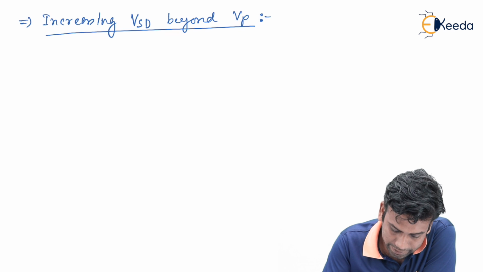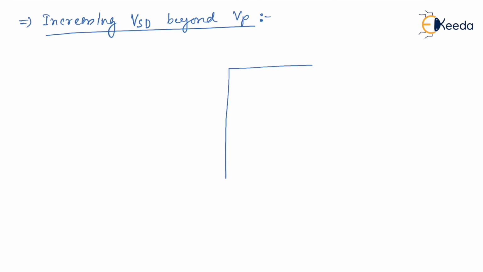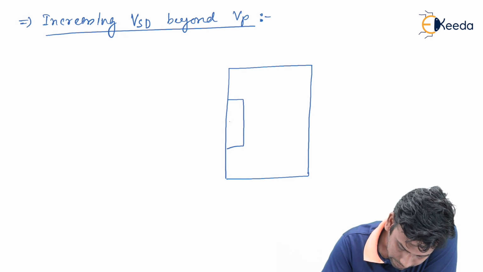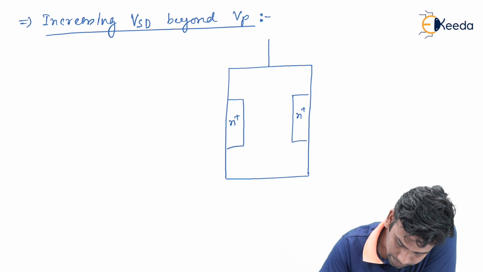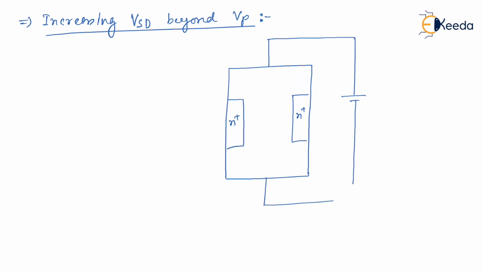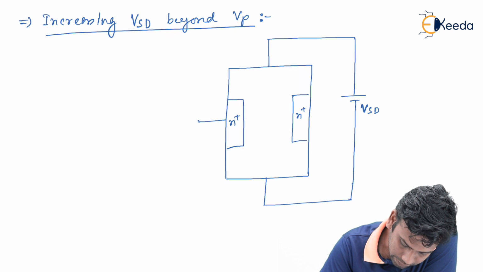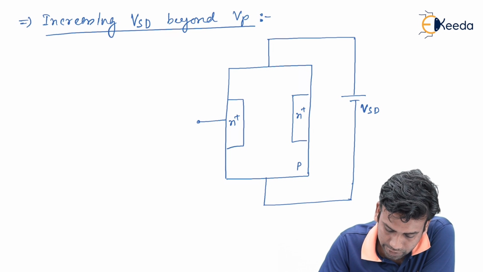We know that at the pinch off condition, the depletion layer, so this is the N plus region, this is the N plus region, this is the source terminal, this is the drain terminal, and we have applied a VSD here, and this is the gate terminal. We have applied 0 voltage at the gate terminal, and this is the P type substrate.